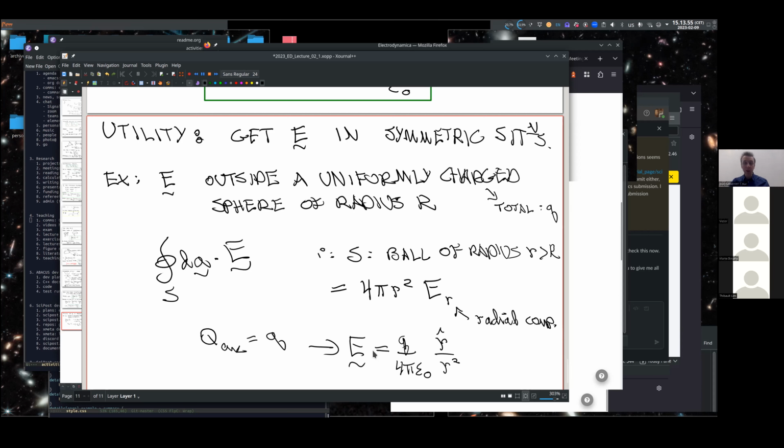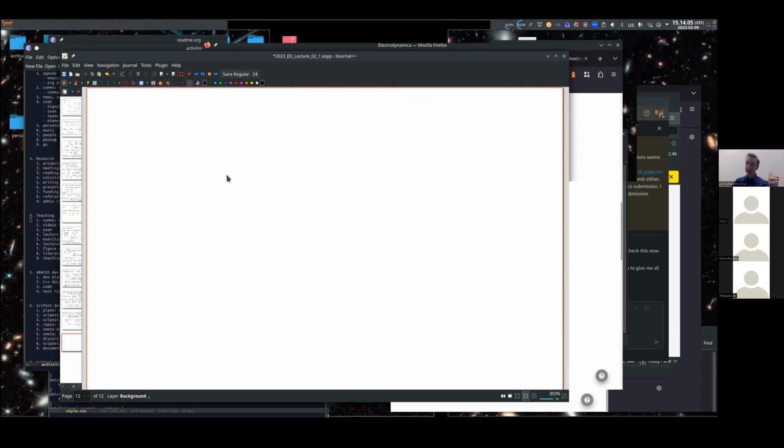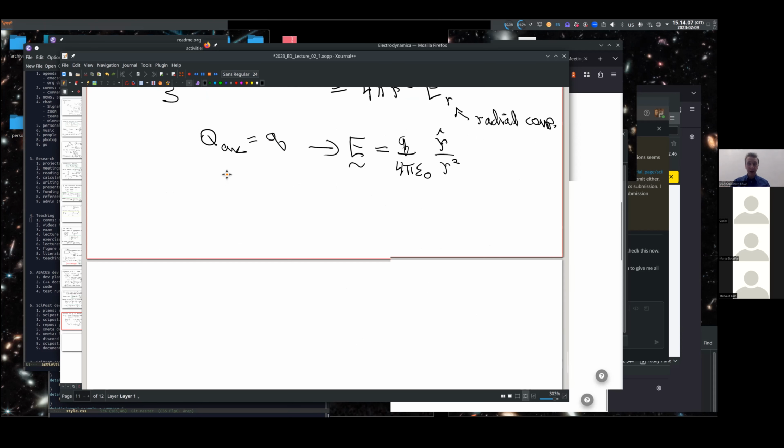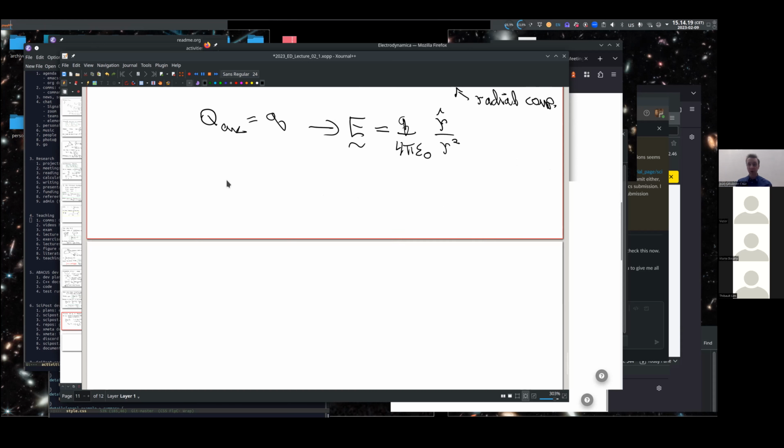It works for spherical things very well with spherical coordinates, works with cylindrical things very well with, you guessed it, cylindrical coordinates, and works with planes very well with either Cartesian coordinates or again cylindrical coordinates, it doesn't matter. You can use this thing quite a lot.